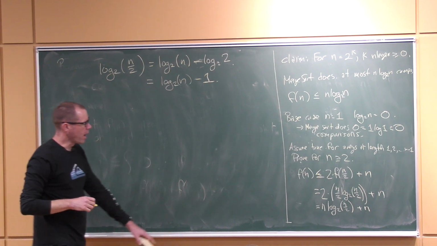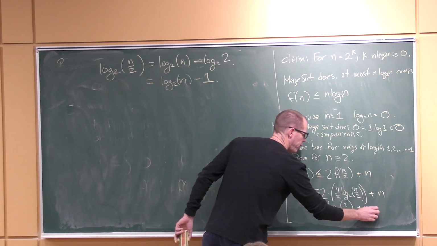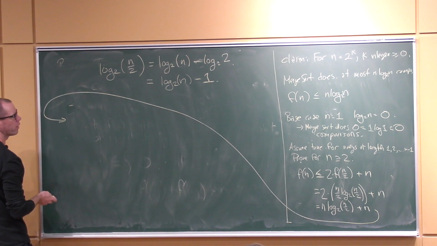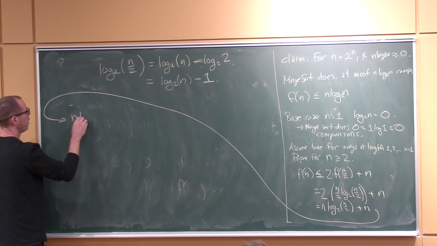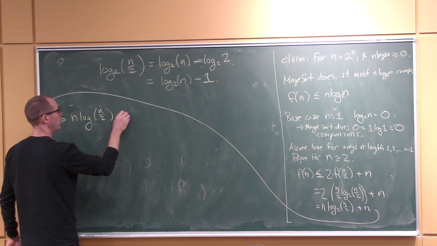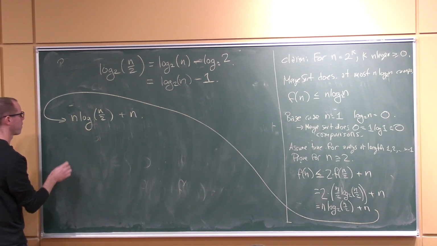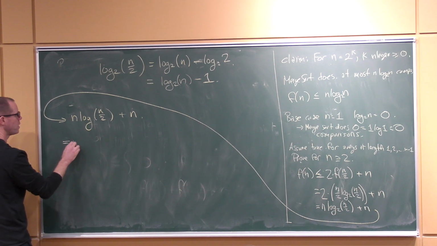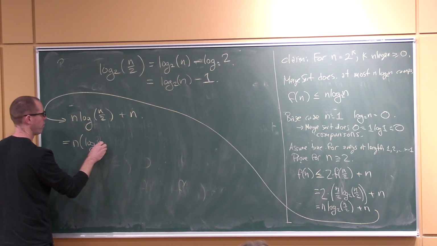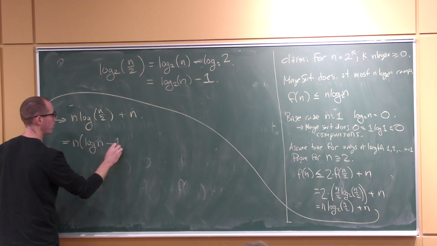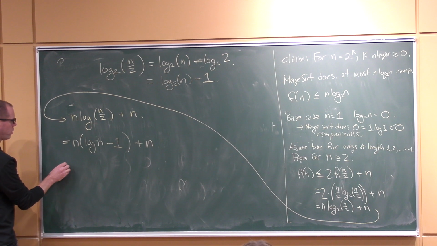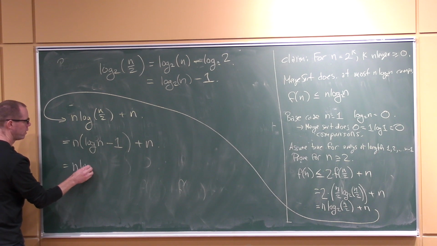All right, so let's go back to this formula that we were seemingly struggling with. We have n log n over 2 plus n. Well, now we know that that's n times the log of n minus 1 plus n, which is n log of n.